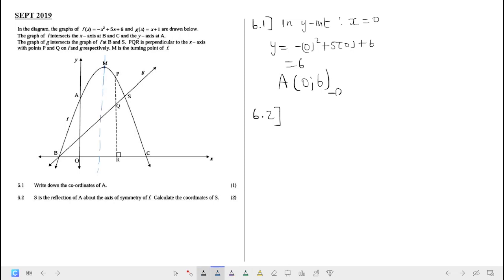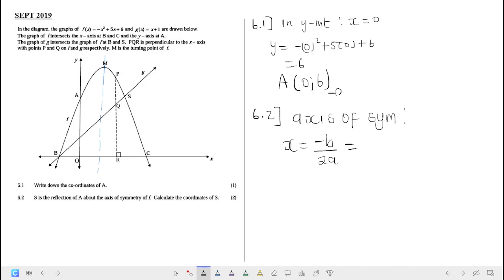Now I need to understand what that x coordinate is. So I'm going to say the equation for the axis of symmetry is x equals minus b over 2a. Remember, that's the x coordinate of the turning point.